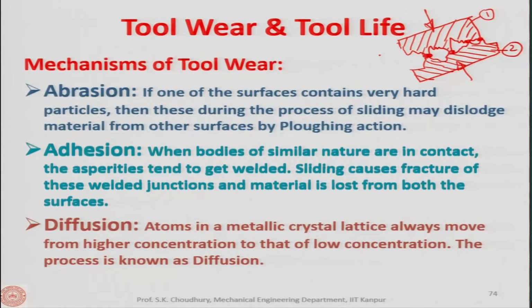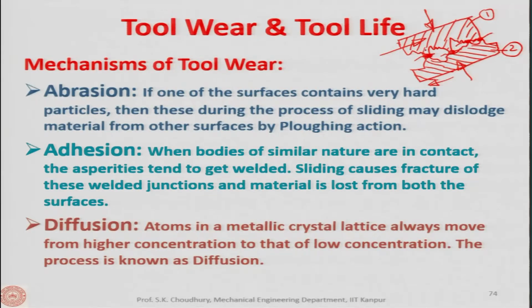Now if these are moving with respect to each other, or opposite to each other, in that case these welded junctions actually break. The broken particles remain within. So, adhesion, particularly when they are breaking, the material will be lost from this part and from this part as well.